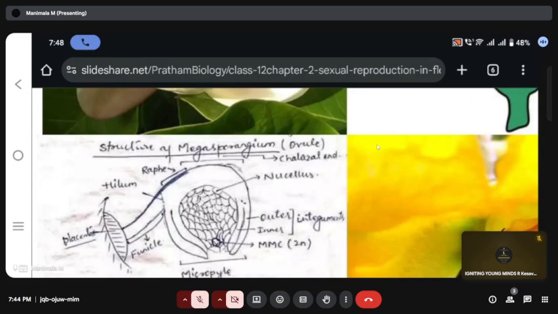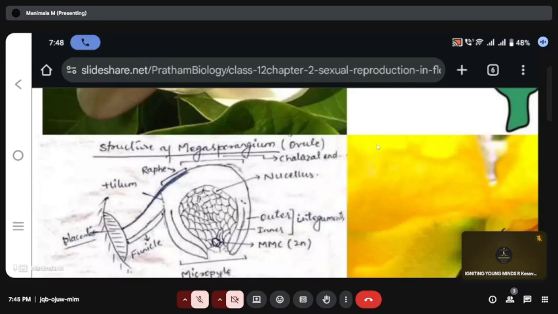The ovary contains only one ovule. More ovules are present in papaya, watermelon and orchid plants.